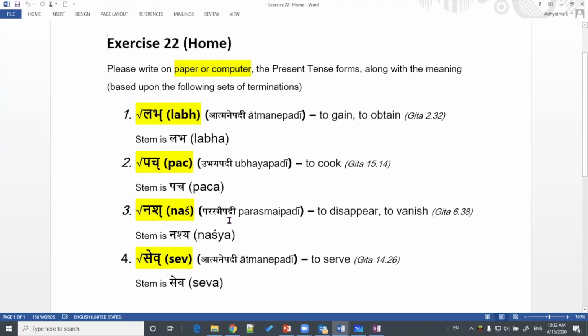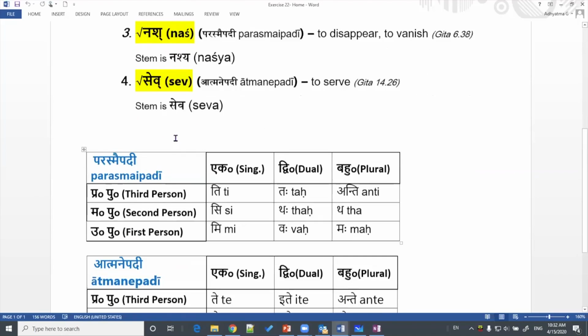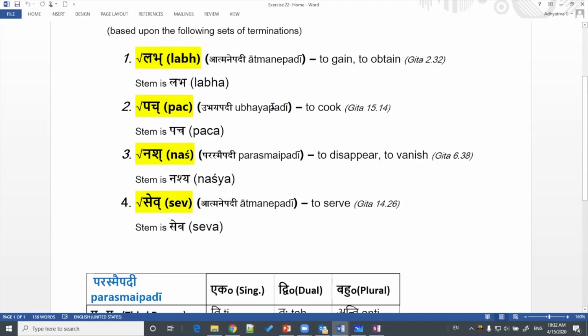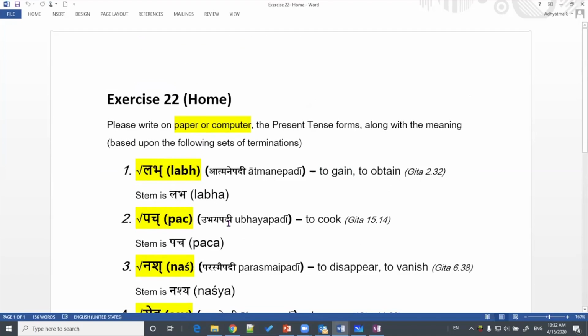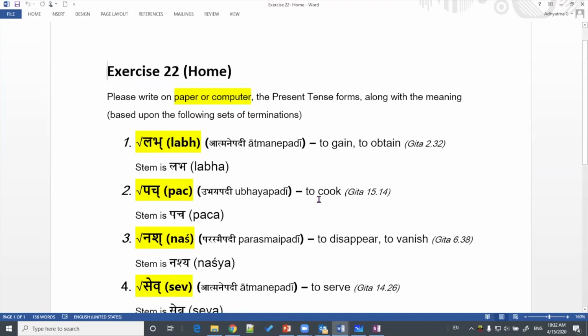These forms you will write based upon these endings, just like you did for the class exercise. So when the verb is ubhayapadi, write both endings. Otherwise I have written whether it's parasmaipadi or atmanepadi, and I have given you the stem. So write accordingly that ending. So this is your second exercise.